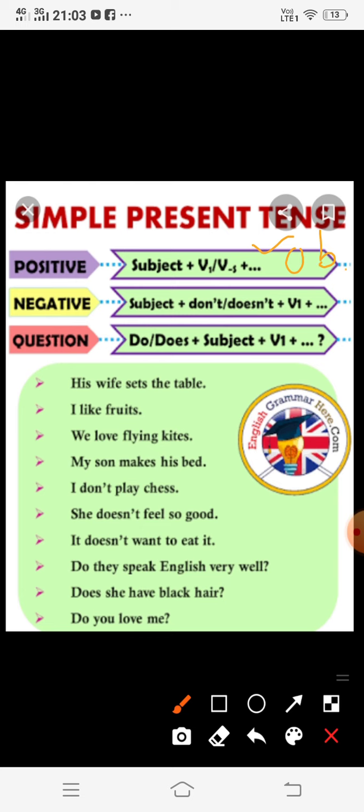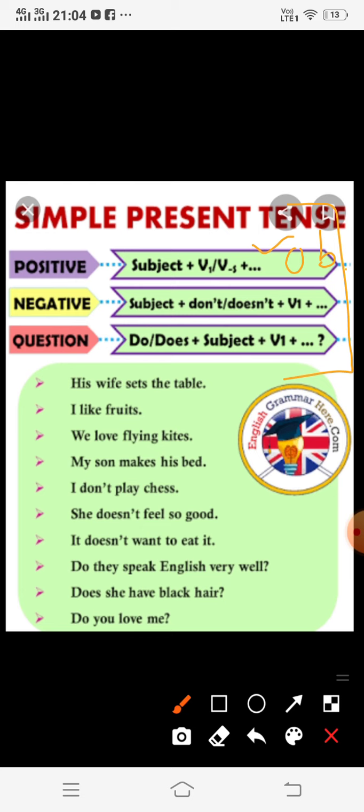Negative: subject plus do not or does not, then first form of the verb and object. Question: do or does will come in the beginning, then subject, then first form, then object. So basically these are the three rules of the simple present tense.